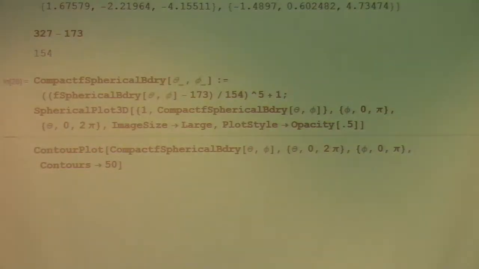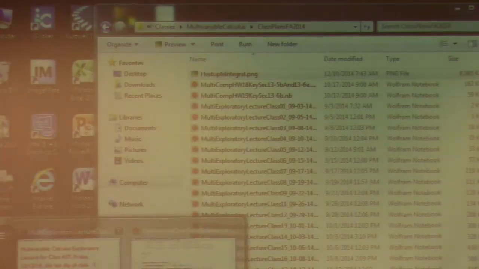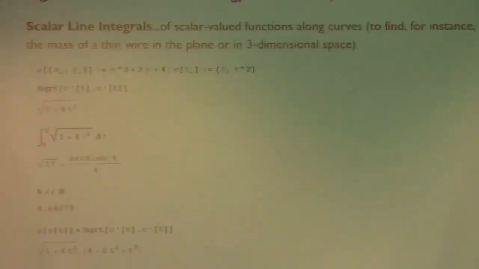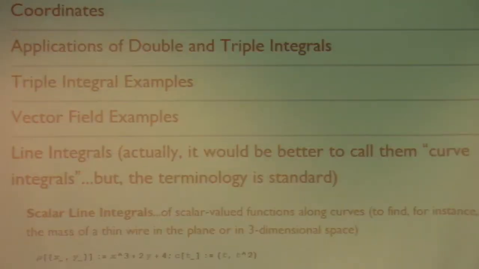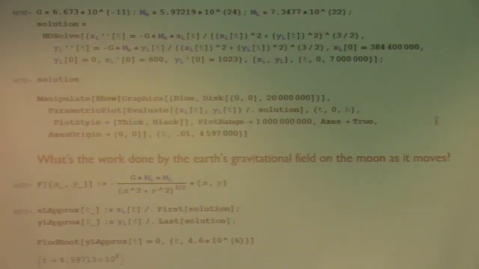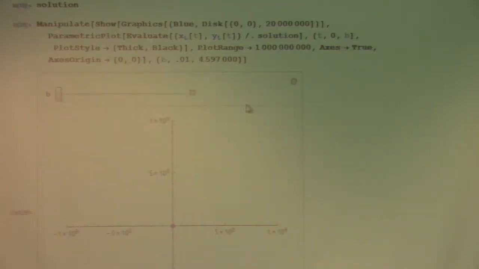I also attempted before class today to do a numerical calculation of the work done by an object orbiting another object. I pretended the moon had a really eccentric orbit. Of course it doesn't, it's pretty circular, but let's pretend that it was eccentric, and here's the orbit right here. This is like the moon in the Earth's gravitational field.